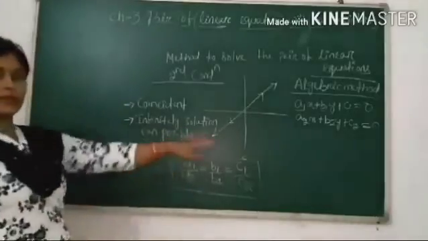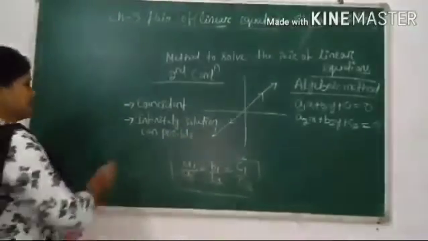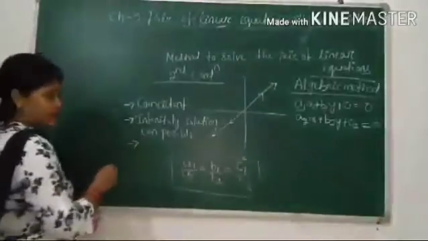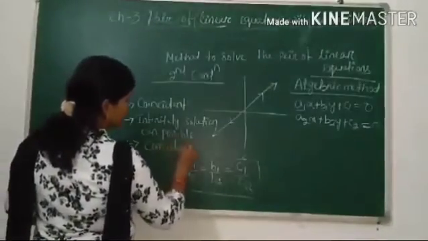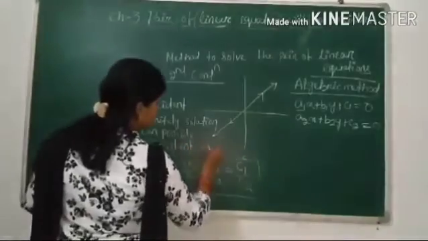So infinitely many solutions means this is a consistent equation. You can say this one is also a consistent equation.